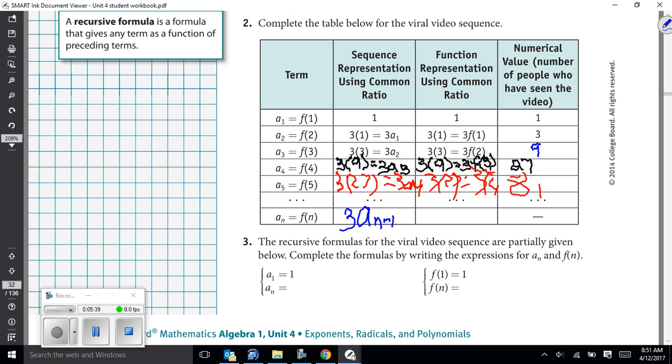And then for the function notation, it's still 3, but what goes in our f? F of what? Here we had f of 4, and we took 3 times f of 3.